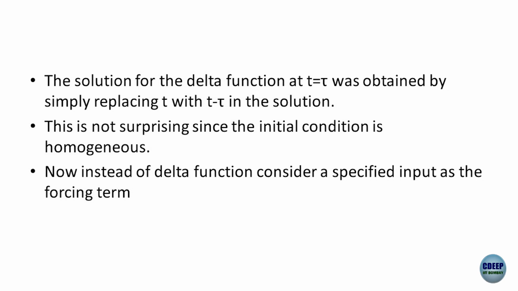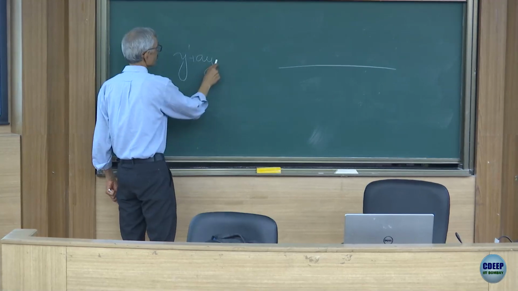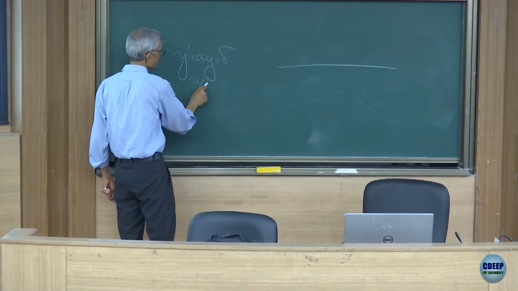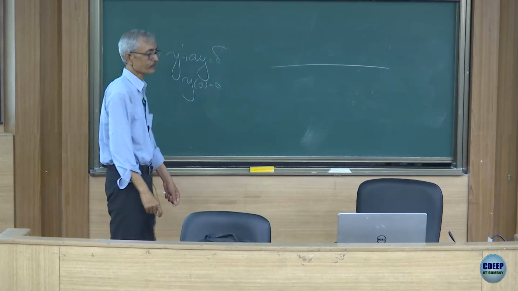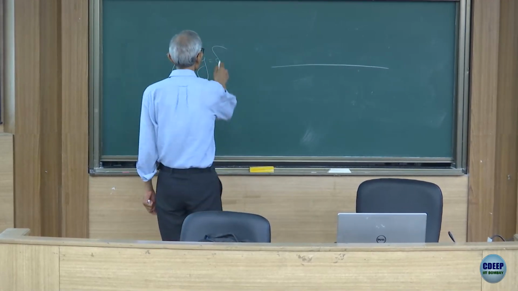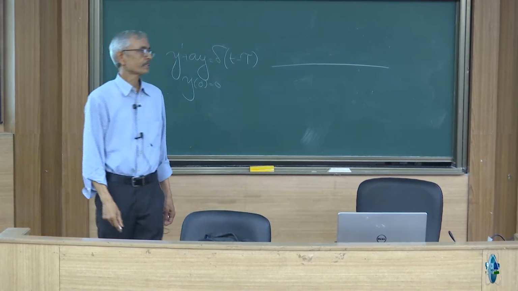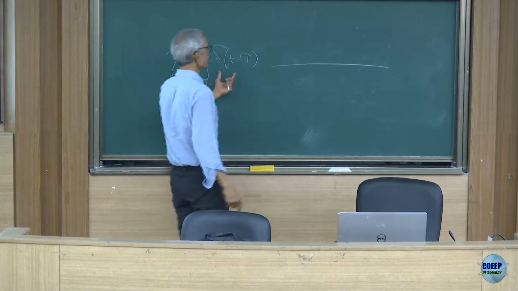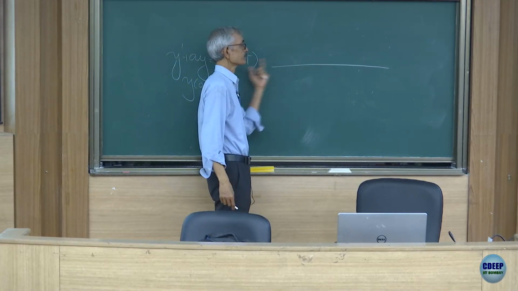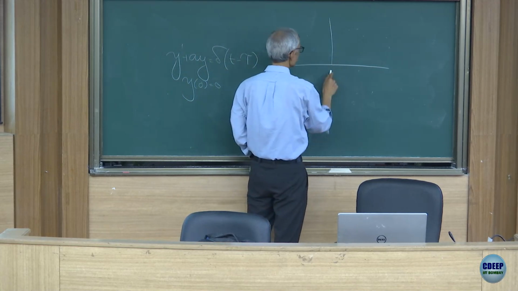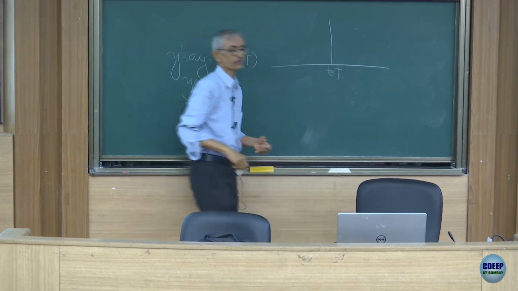What we mean is that, with y(0) equal to 0, if I have t minus tau hanging in there, then this means that everywhere there is no signal except at t equal to tau.